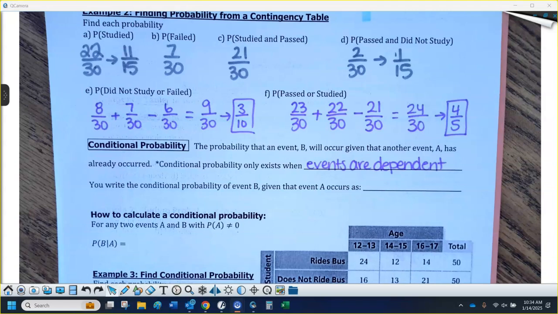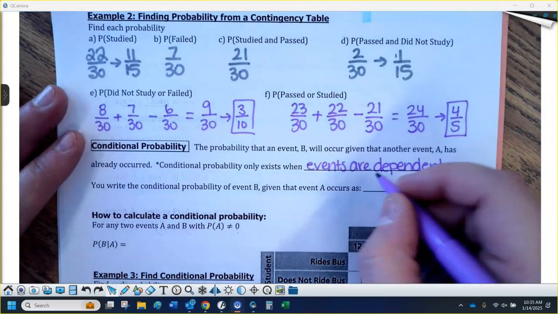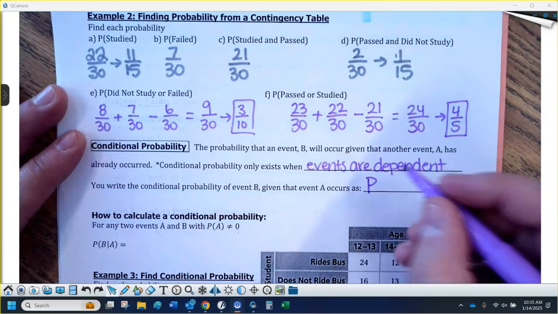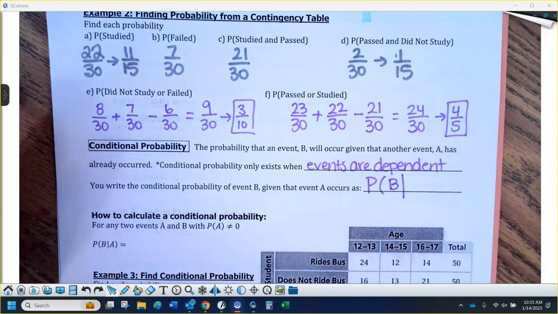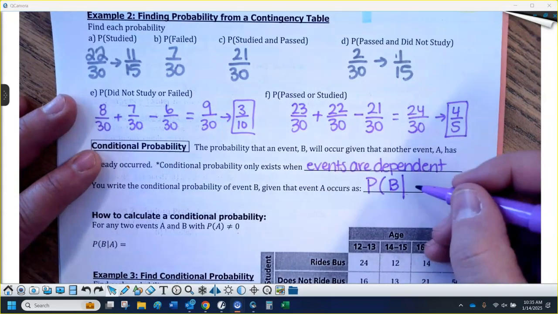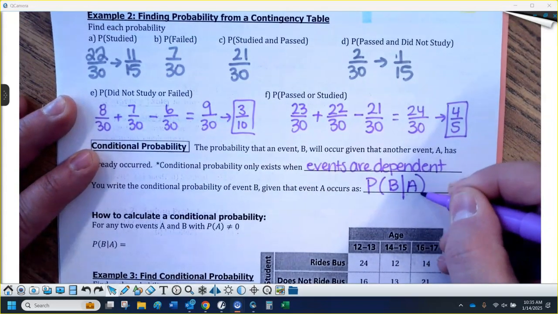The way this is written is a little bit weird. You'll see it down at the bottom of the page. The way you write this is probability, a P with parentheses. It'll say B, and then almost like an absolute value bar, just a vertical line, then A, like this.